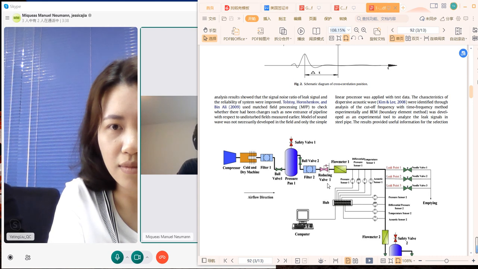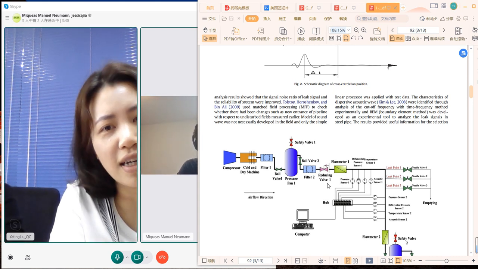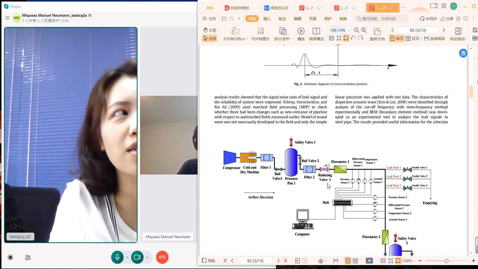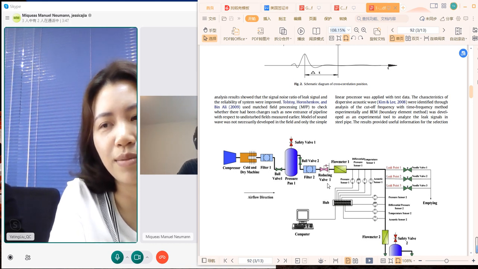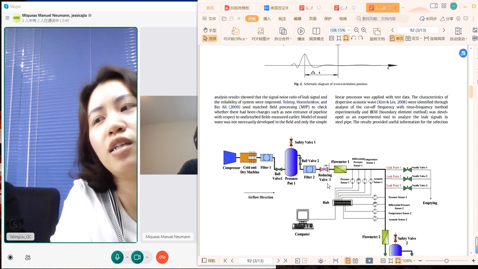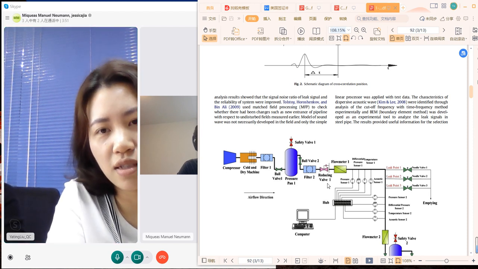Okay, I understand. So I'm not sure it's a good idea to connect the vibration sensor to our DAQ unit.